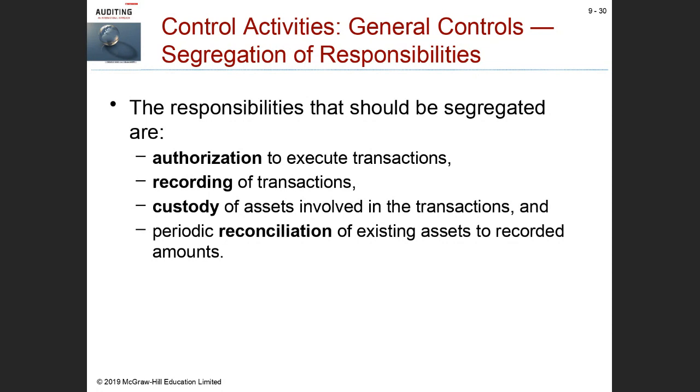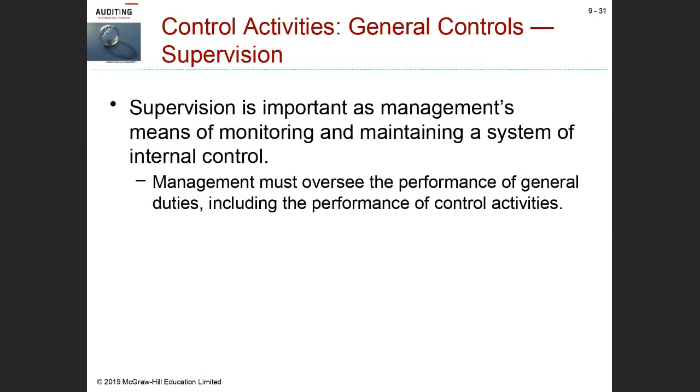And of course, that reconciliation should not be performed by someone involved in the authorization, recording, and custody of assets. So all of these different functions need to be separated in order to have an excellent segregation of duties in a business organization. Very important. It's certainly one of the top internal controls that businesses need to have, proper segregation of duties.